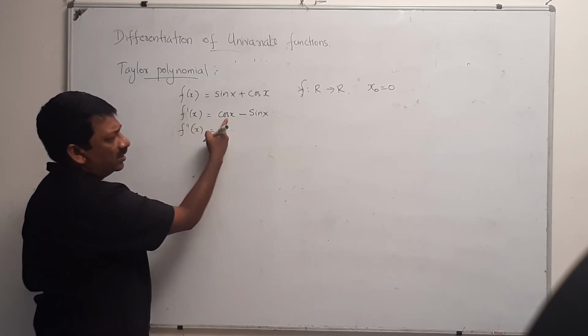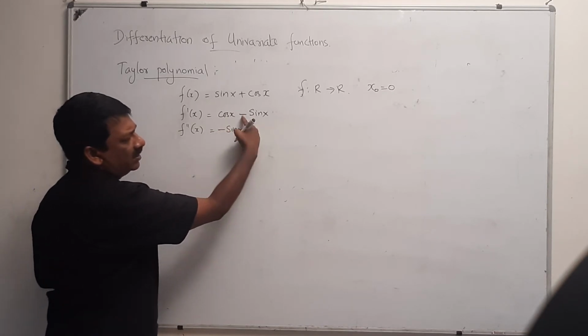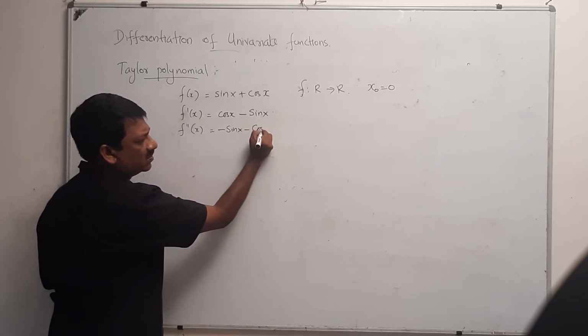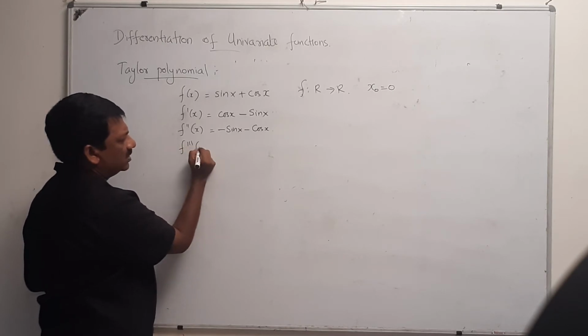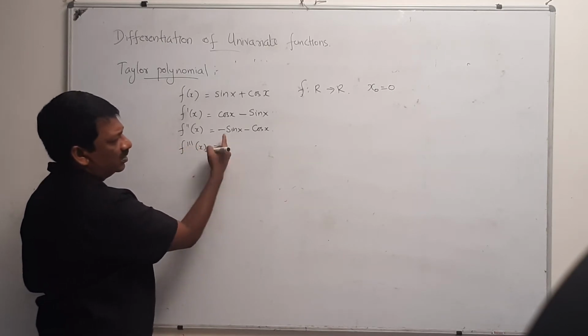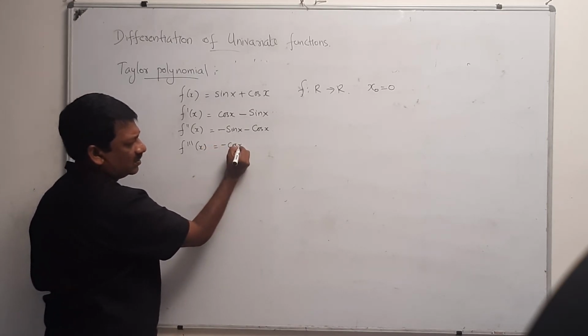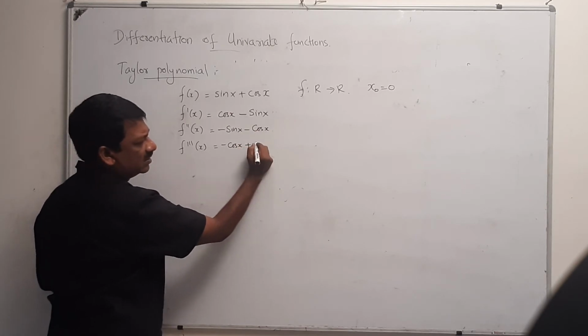The derivative of cos x is minus sin x, the derivative of sin x is cos x, so minus sin x minus cos x... then f3 dash x: the derivative of sin x is cos x and the derivative of cos x is minus sin x, so this is plus sin x.